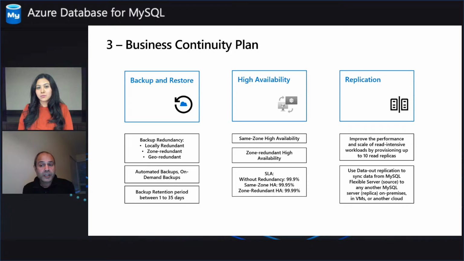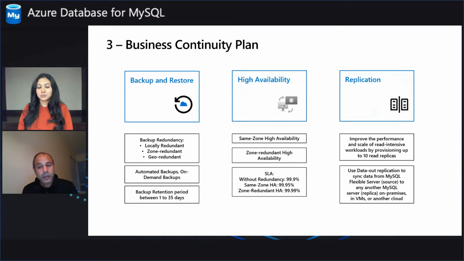Now, replication is another nice feature we have in Azure MySQL Flexible Server, which you can use for two use cases. One is to scale out your read-only workload, and we support up to 10 read replicas, which you can provision in the same region where you have the primary instance, as well as in different regions, whether it's a paired region or other regions.